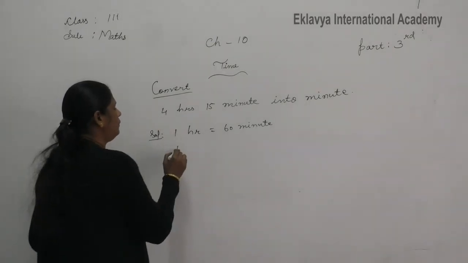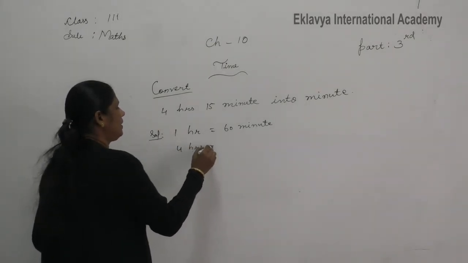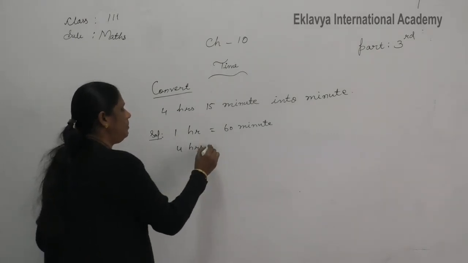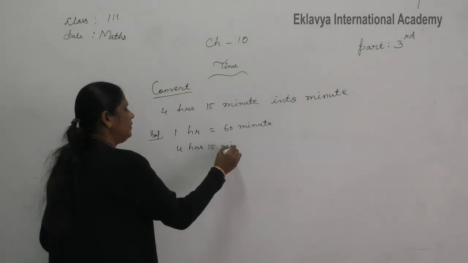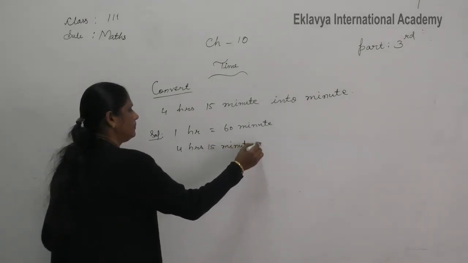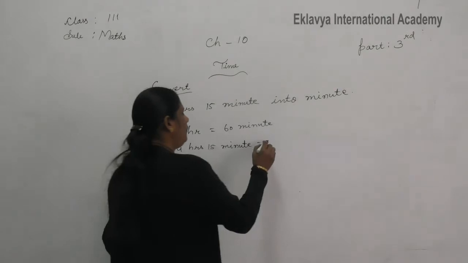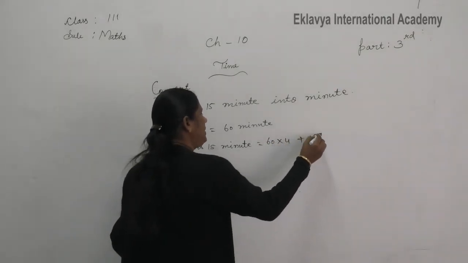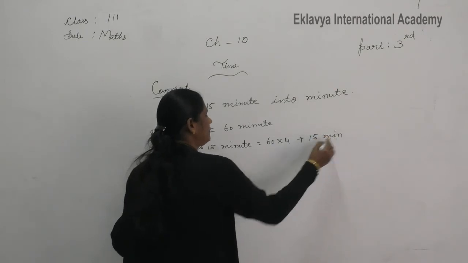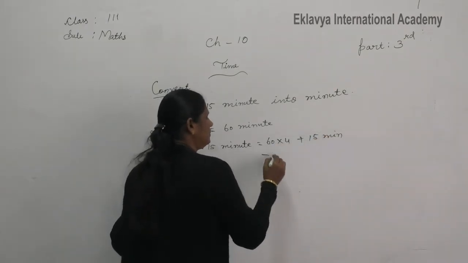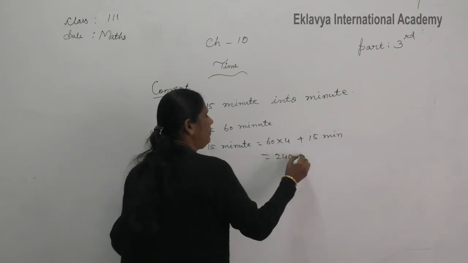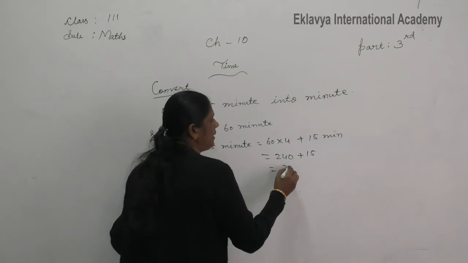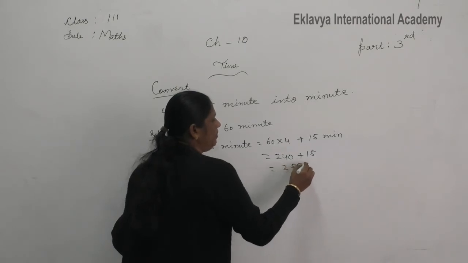We have 4 hours 15 minutes is equal to 60 into 4 plus 15, which is 240 plus 15, is equal to 255 minutes.